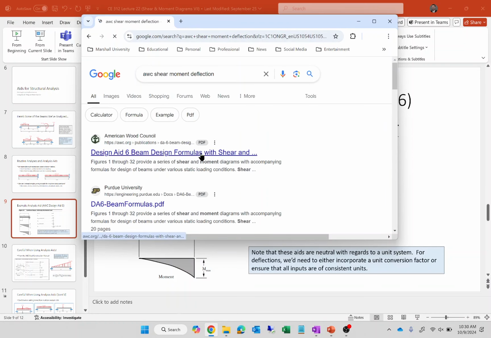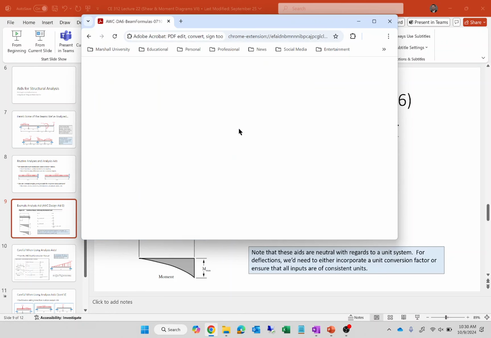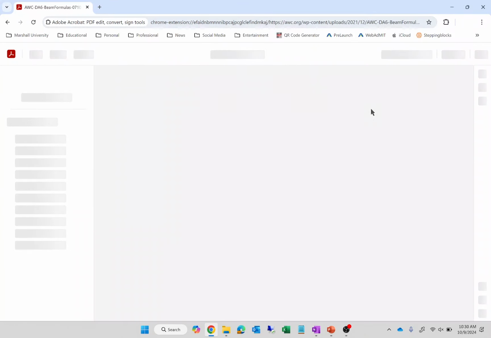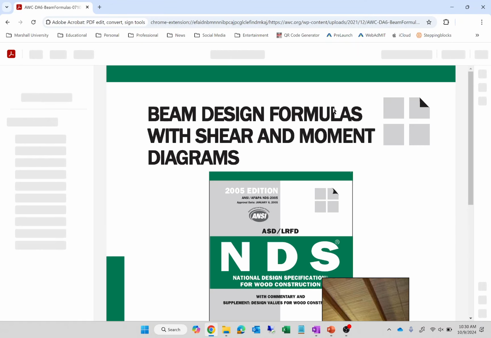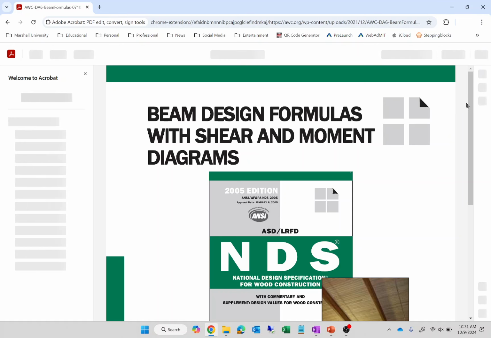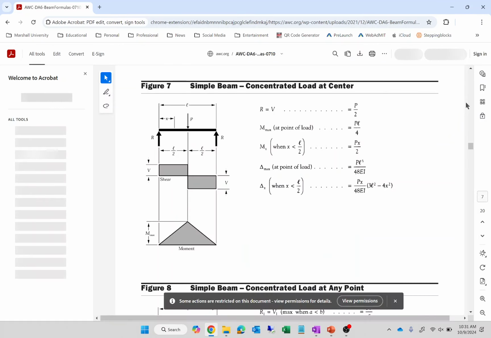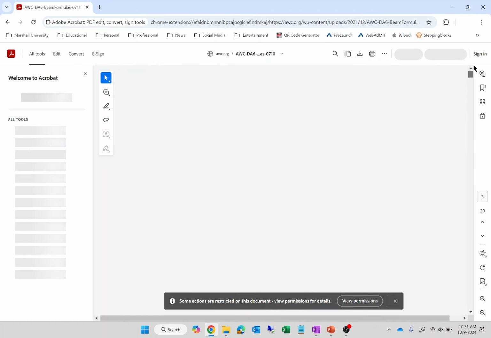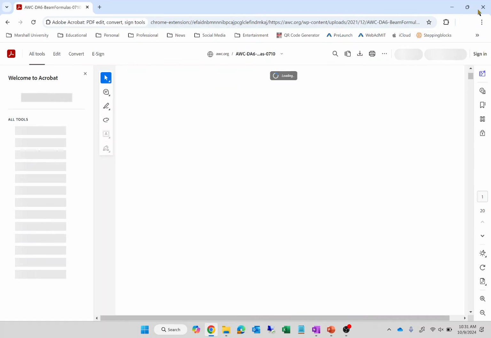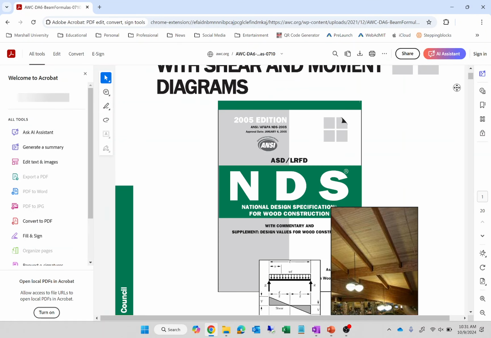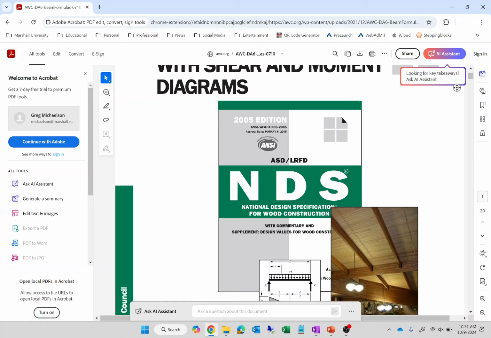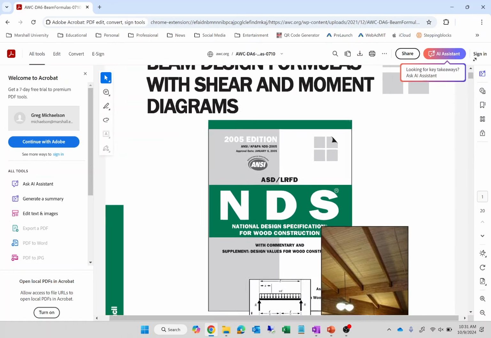Okay, so this is from the American Wood Council, like wooden structures and timber structures, and this is a design aid that anybody can download right now. These are shear and moment formulas for, oh, I scrolled a little bit, if it'll decide to load, for various loading conditions that I would call typical loading conditions.